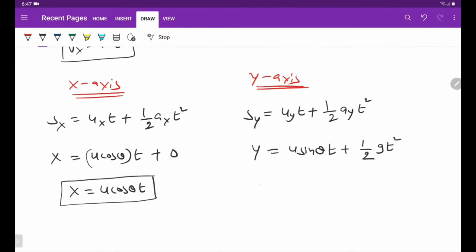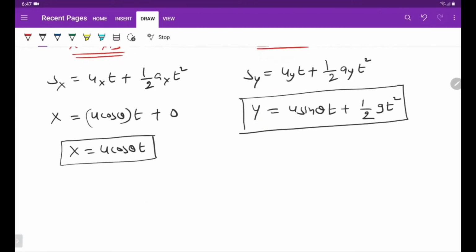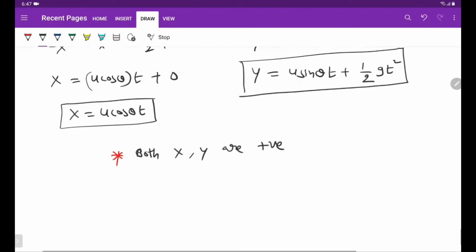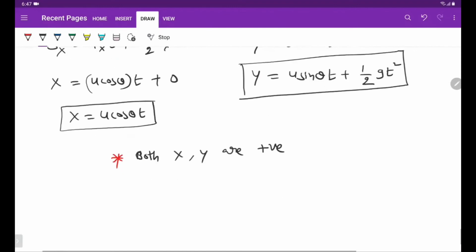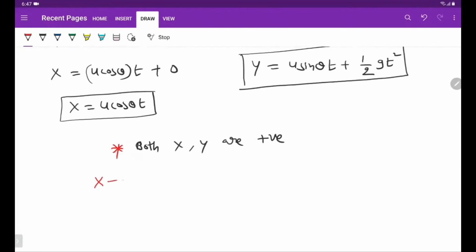One important point here: both x and y are positive according to our coordinate system.